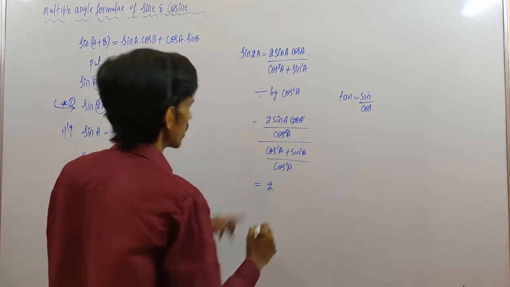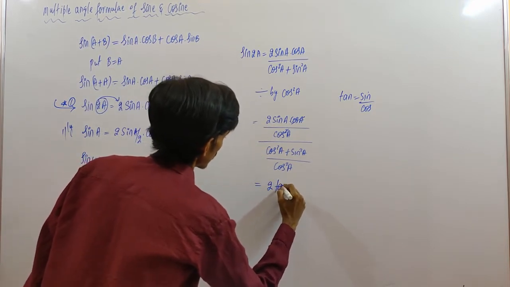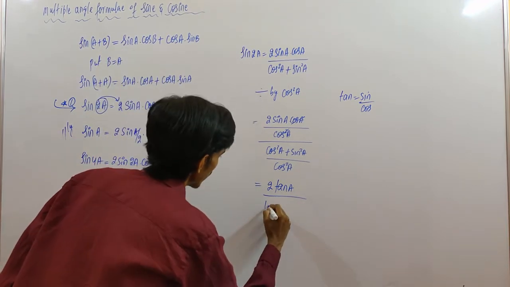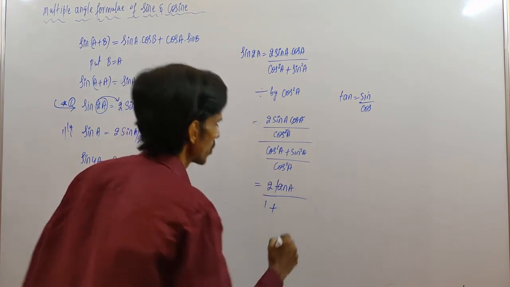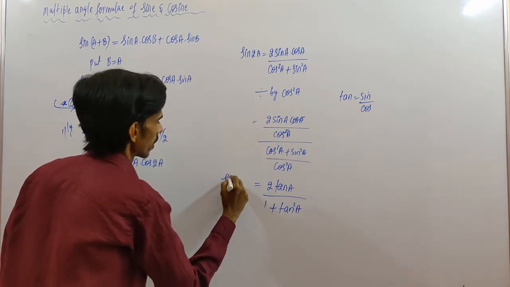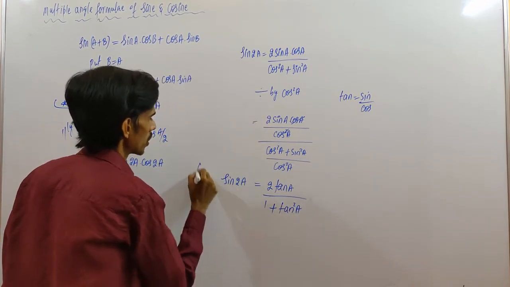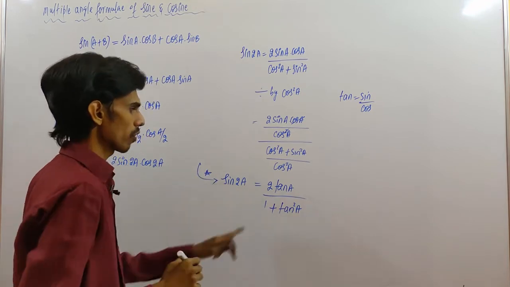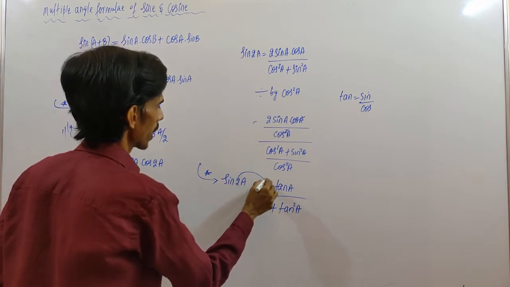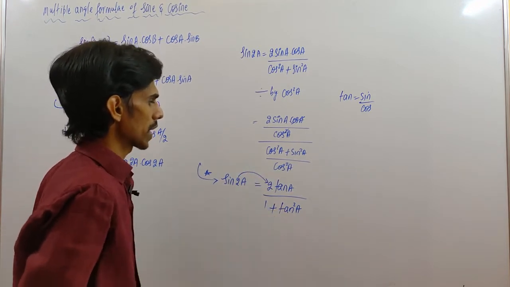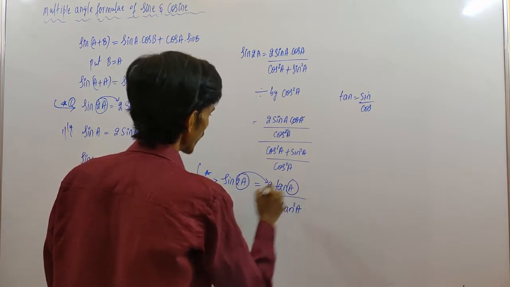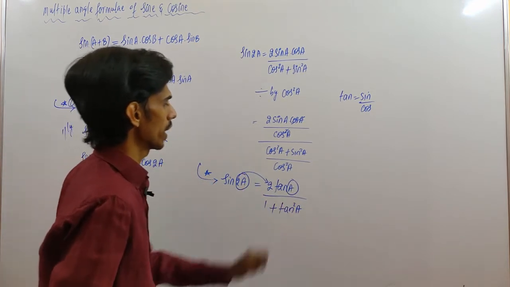Sin by cos is tan, so it becomes 2 tan A divided by 1 plus tan square A. We got the sin 2A value. This is one of the important formulas in terms of tan: sin 2A equals 2 tan A by 1 plus tan square A. Here 2A is there, so you take A, half of 2A being A.